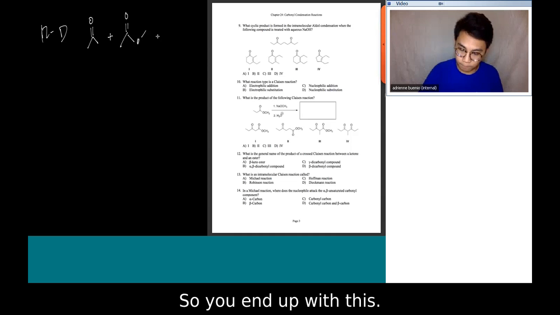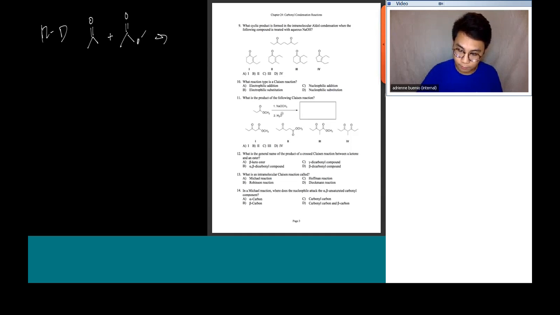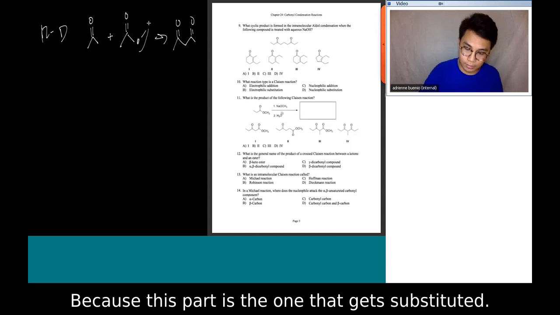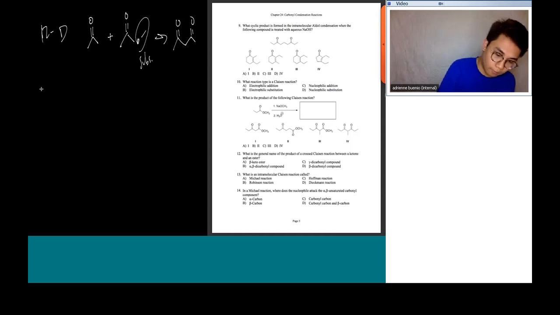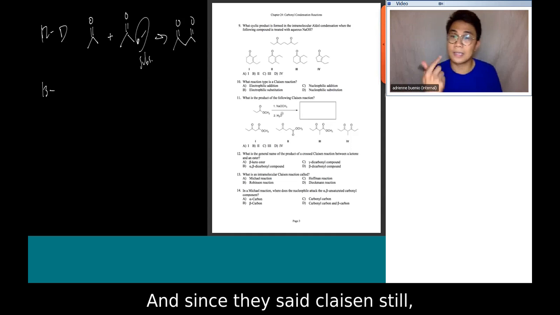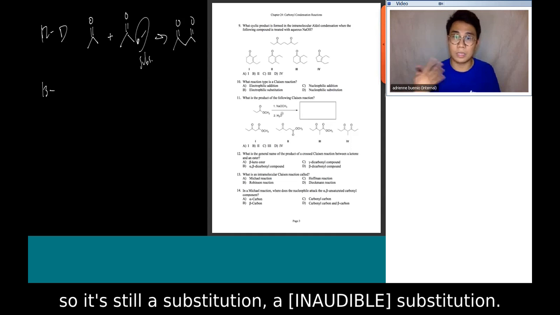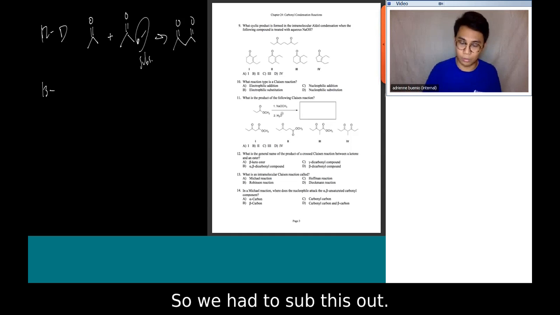And you end up with this, because this part is the one that gets substituted. So, pay attention to that. 13, and since they said Claisen still, it's still a nucleophilic substitution, so we had to sub this out.